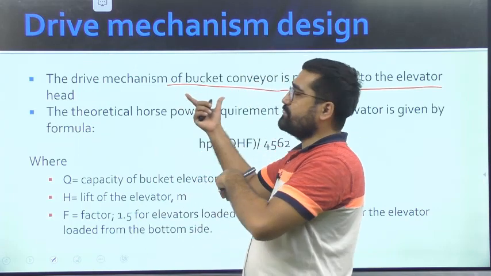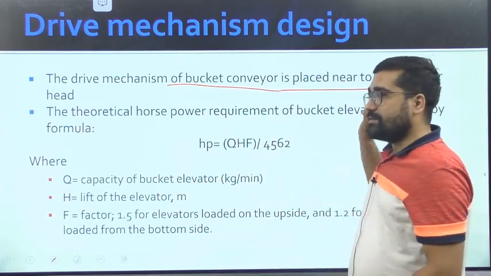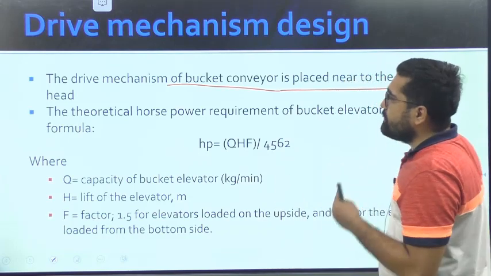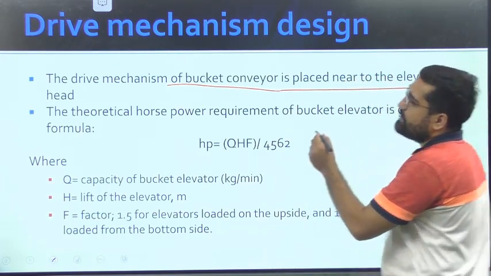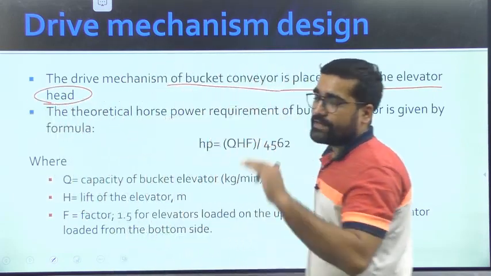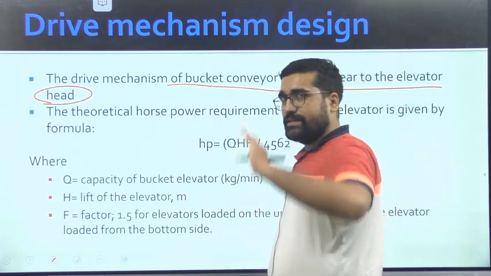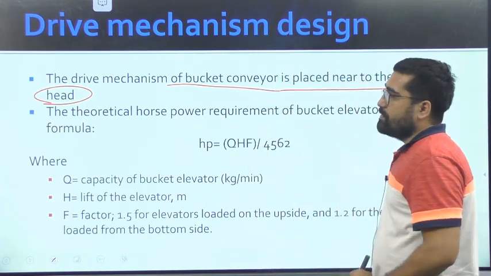It is done by a motor which is placed at the elevator head. Generally the motor of the bucket elevator is placed on the head side, not on the bottom side. It is placed on the top of the bucket elevator.